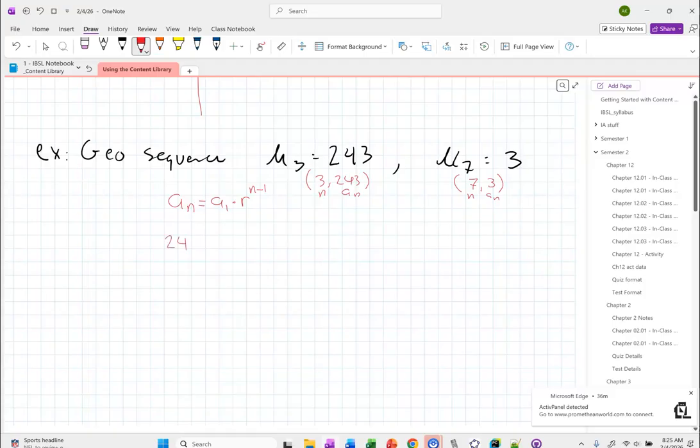So I'm going to plug this in. I'm going to have 243 equals a sub 1 times r to the 3 minus 1. And I'll have 3 is equal to a sub 1 times r to the 7 minus 1. Is everybody okay with that?